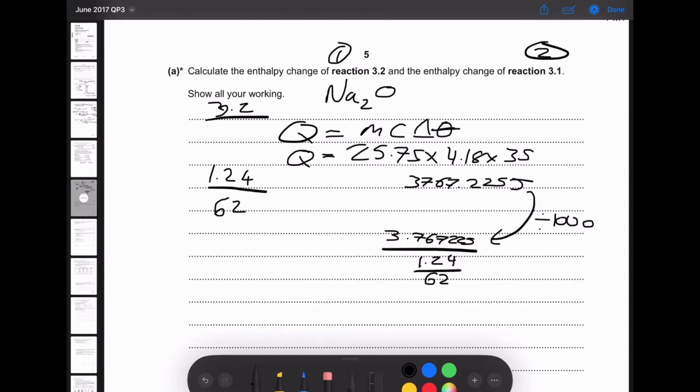So then you do 3.767225 over 1.24 over 62, and that's going to give us 188.36 kilojoules per mole. Make sure you get your units in there. So that shouldn't be a plus, that should be minus 1.